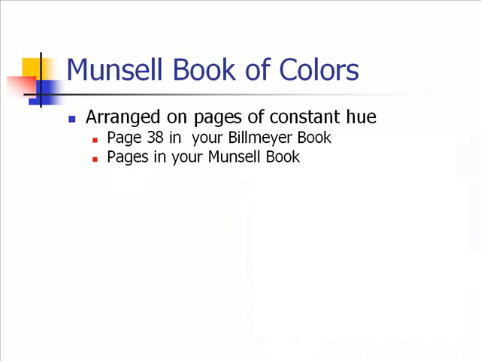Everything on a page, all those colors on a page, are all the same hue. That attribute for this system is held constant. The different chips in there, the different colors, differ by value and chroma, but they all have the same hue.